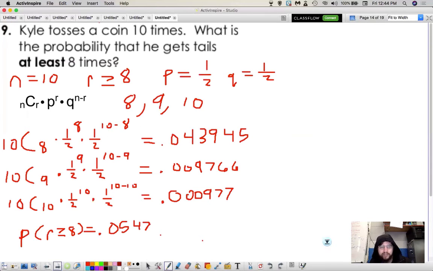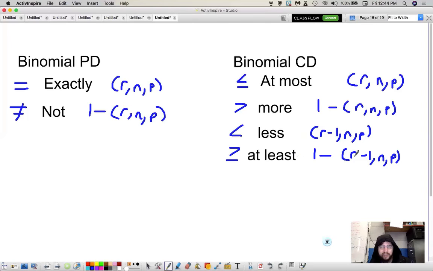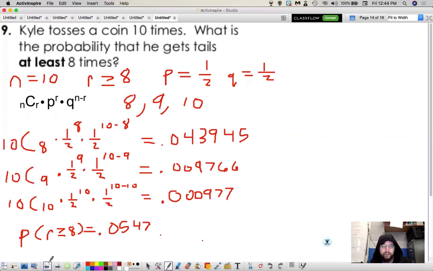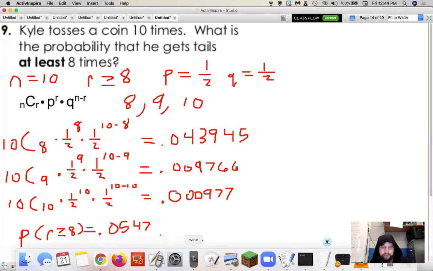So let's try using this strategy in the calculator. We're going to do binomial CD. We're going to type in R minus 1, N, and P. Take that answer, do 1 minus that answer. On this problem, we should get 0.0547. Let's find out.